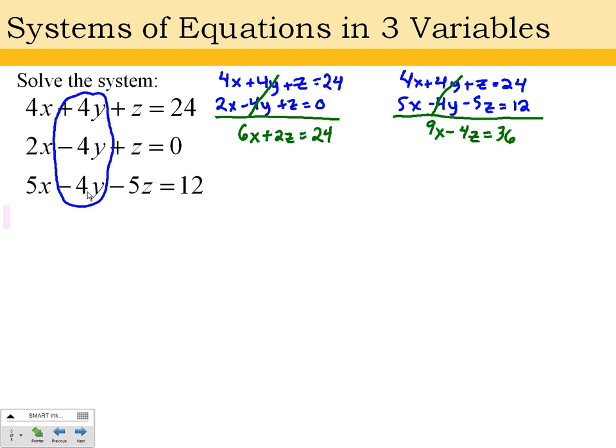Again, I picked y because the numbers already matched up. So I knew by pairing the first and the second, the first and the third, that I'd have a really easy elimination where I wouldn't have to multiply either of my equations by anything. Now I'm going to move this equation over here so that I can get a better look at these two equations together.